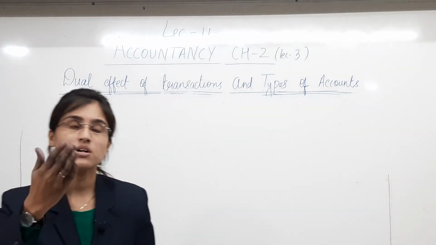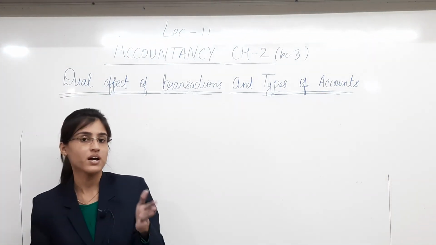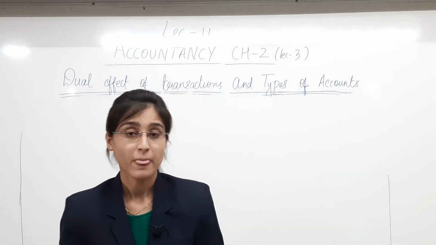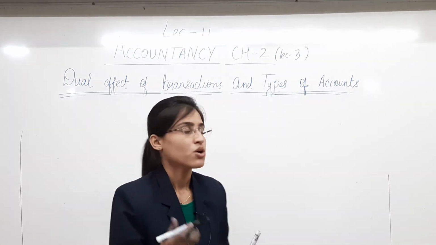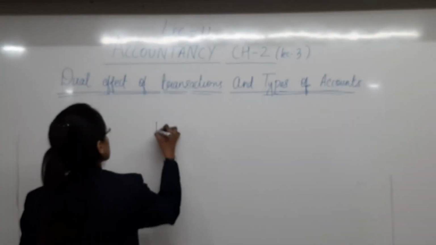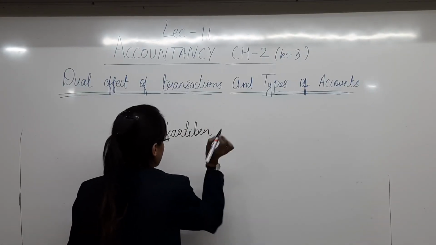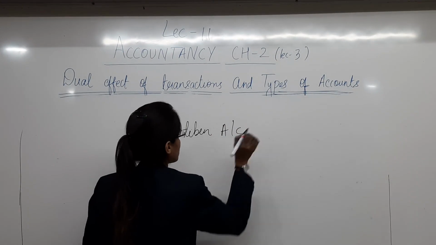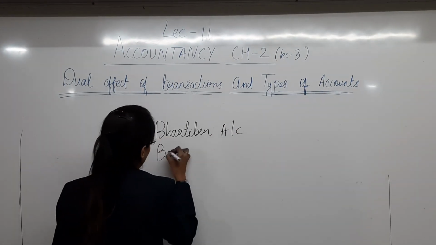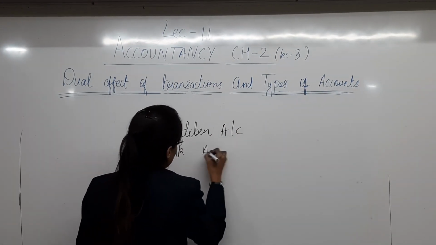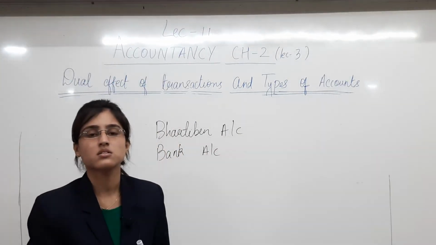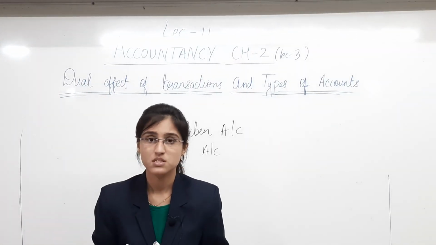So here the check is given, so one effect is of bank. What about the other effect? Of course, check is given to whom? It is given to Bharti Ben. So Bharti Ben's account and bank account are the two effects for this transaction.